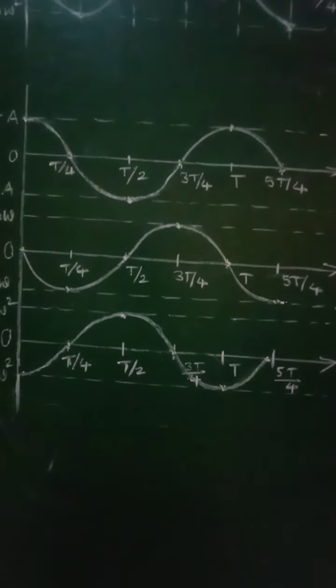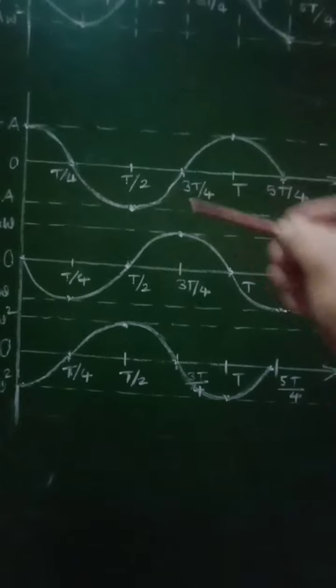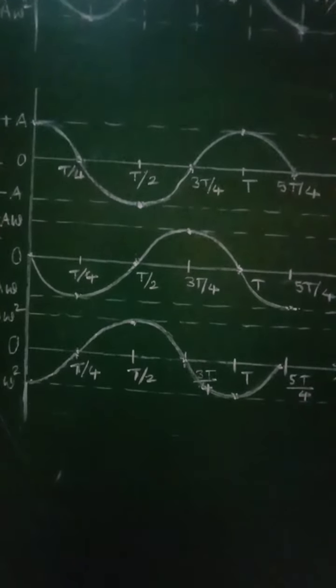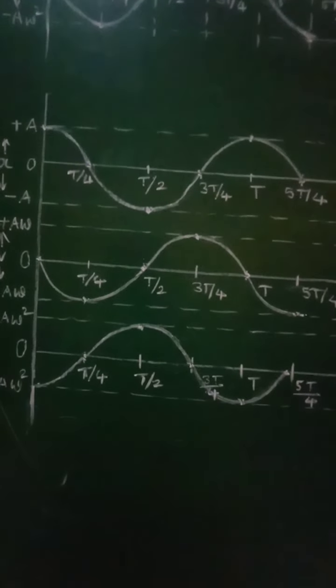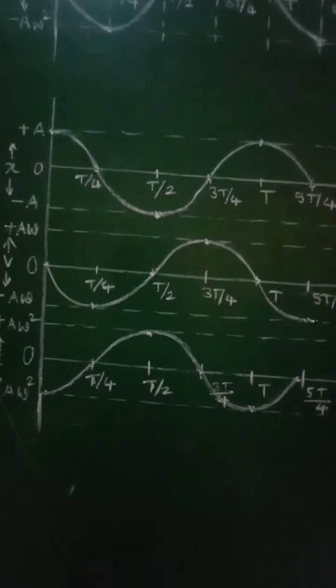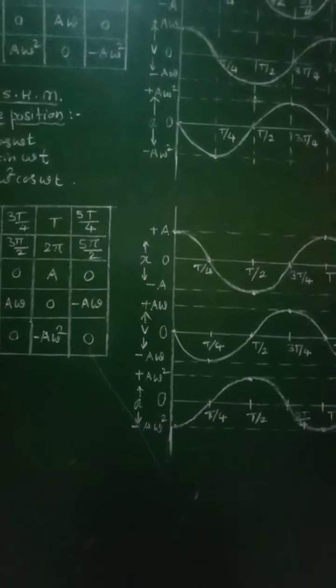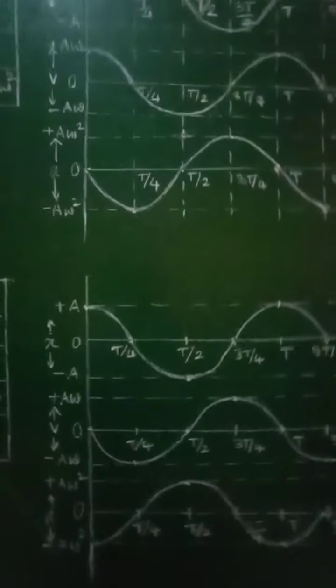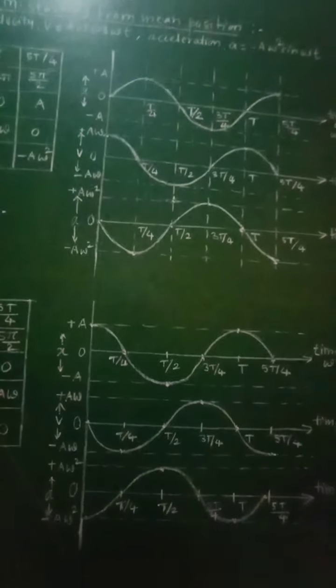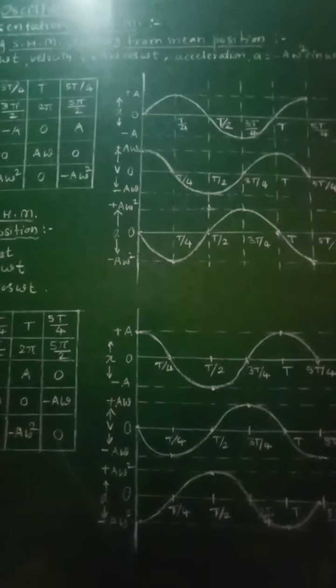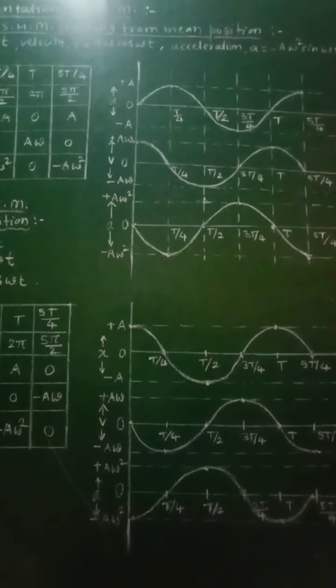In this case, the displacement and acceleration graphs are cosine curves, and the velocity graph is the sine curve. Now, if you consider this graphical representation of the linear SHM, then there are some conclusions we can draw regarding the nature of the graphs.